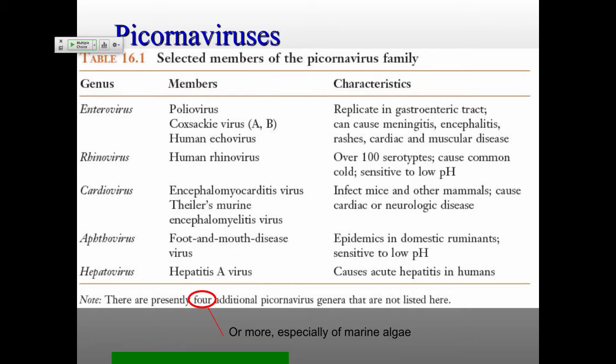A few other viruses, cardioviruses, aphthoviruses, etc. Just also wanted to mention the hepatitis A virus down here. We'll talk about hepatitis A, B, and C in this course. It's rather confusing because they're completely different viruses in terms of how they replicate, but they cause similar kinds of disease, and that's why they're named as such.